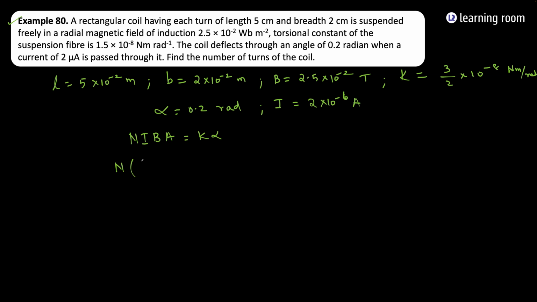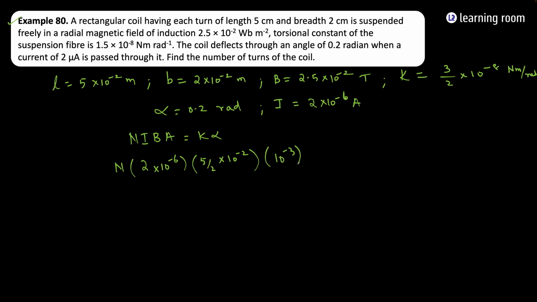N into I, which is 2 into 10 power minus 6, into B, which is 2.5 into 10 power minus 2, which is 5 by 2 into 10 power minus 2. What is the value of A? Multiply these two: 5 into 2 is 10, and 10 into 10 power minus 4 is 10 power minus 3.